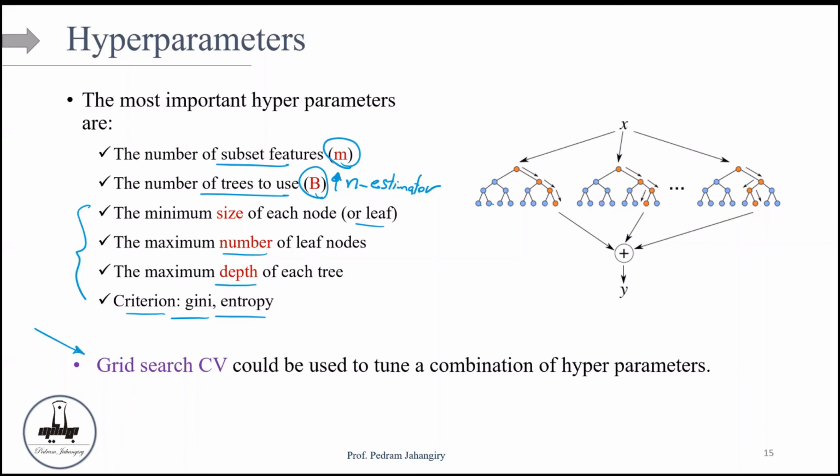But the bad news is that we can end up in a local optimum, right? Sometimes you do grid search cross-validation and you'll see that your model is not outperforming as you expect compared to the vanilla version of the model with the default inputs.